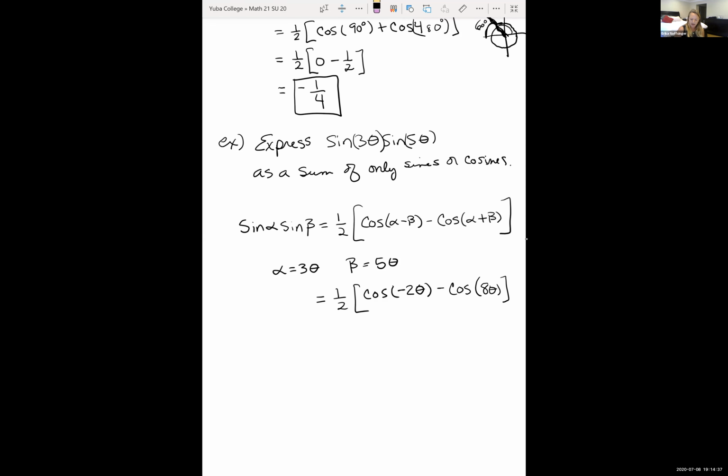Cosine is an even function, and so this is the same thing as cosine of 2 theta, minus cosine of 8 theta.